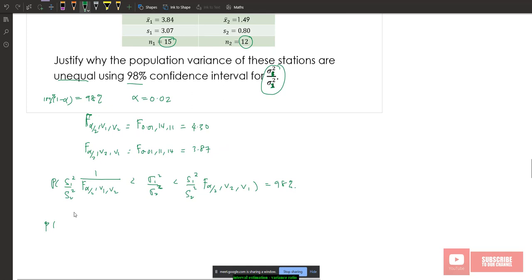S1 is 3.07, and then you need to square this one, and this is 0.80 squared, over 4.30, sigma 1 sigma 2, and this is the same 3.07 squared over 0.80 squared, and this is 3.87, right?